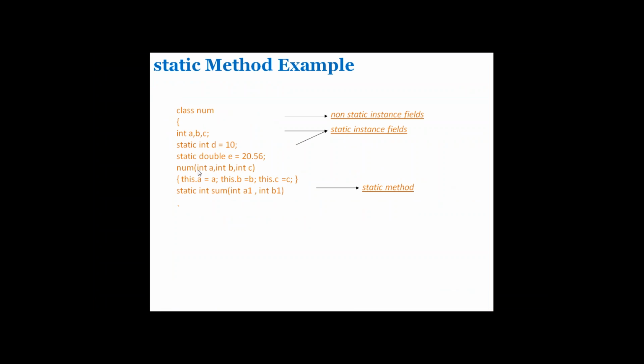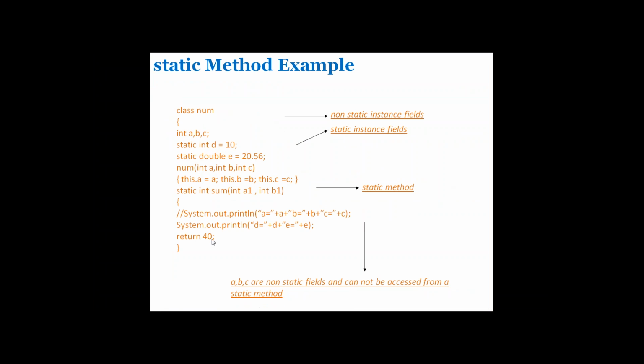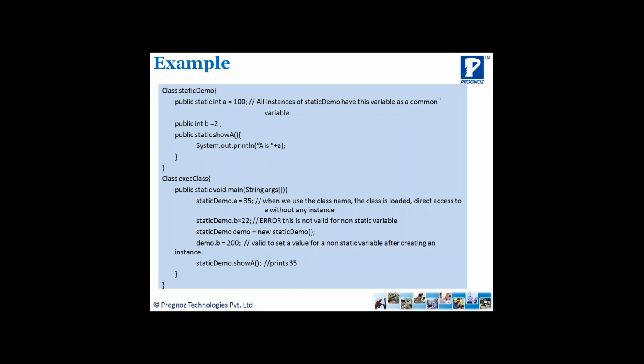This is a constructor, and here it's a static method. A and B are non-static fields, so they cannot be accessed from a static method. This is what I was trying to say. Now you can see my variable a is static, b is non-static, and my method show is static.